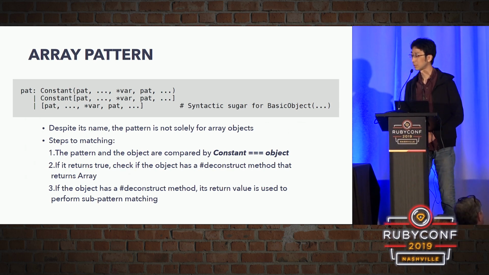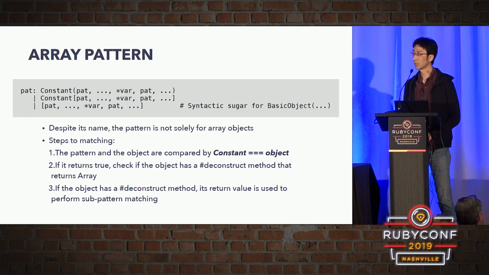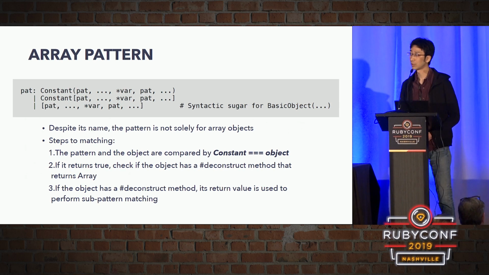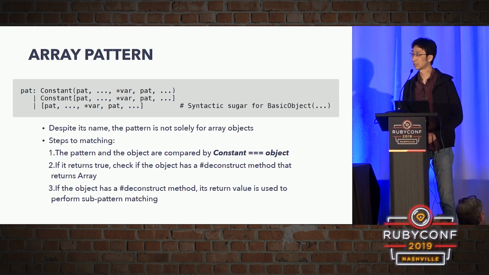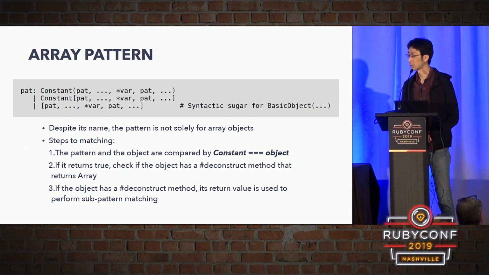First, this pattern can specify a constant in the syntax, and the pattern and the constant are compared with the triple equal method. Normally, a constant stores a class object, so comparing by triple equal method means checking whether the given object is an instance of the specified class.